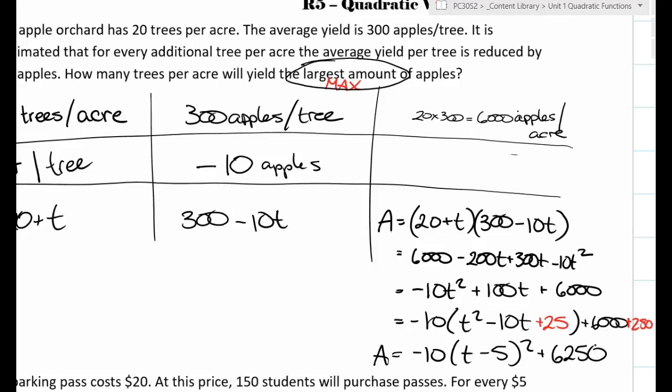So why did I do that again? Well, going back to the question, I wanted to know the maximum number of apples that I could produce. Well, remember that my output is my apples per acre. Okay, my input is my number of trees, because we're relative to our variables in the equation.